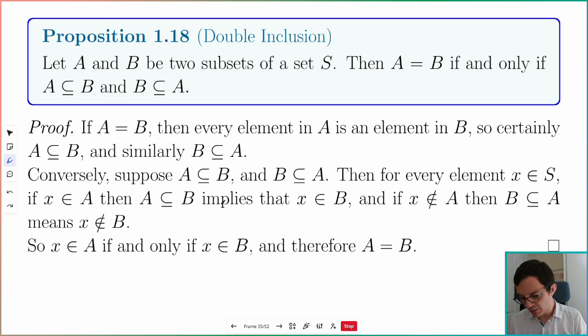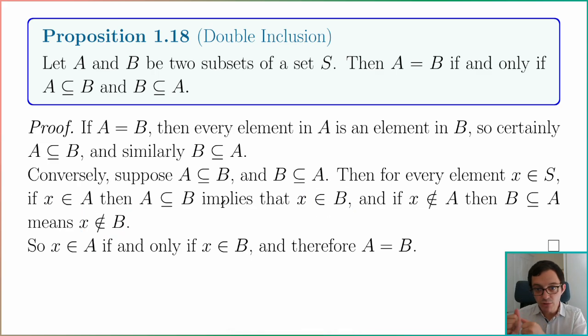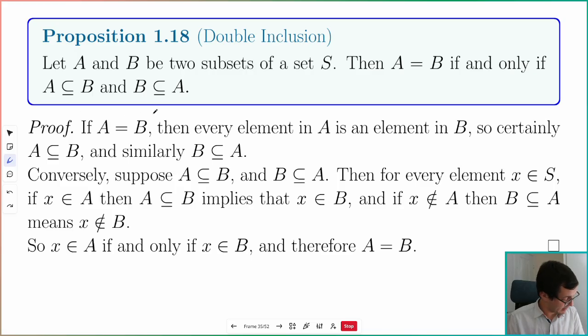That's double inclusion, but as I say, you can use that as your definition for what it means for sets to be equal. It's important because it gives you a way to prove that sets are equal just by looking at subsets. And often those two properties do separate out, so you might check these two things separately. We've got some examples coming up in the next couple of slides, but this might come up in other places as well.